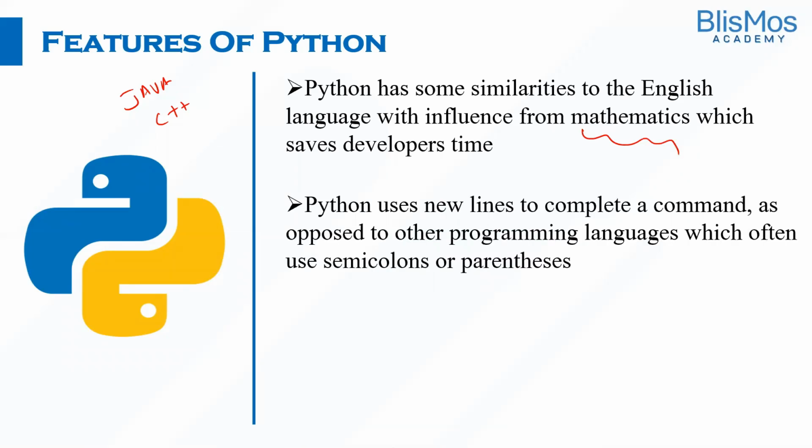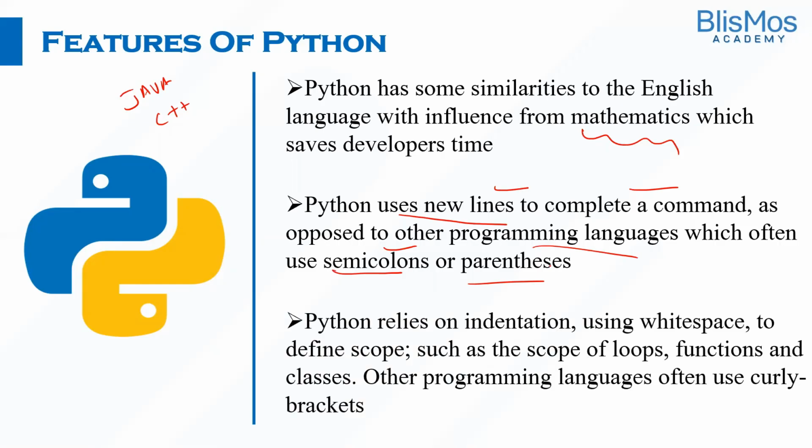As we already indicated, Python uses new lines to complete a command, as compared to other programming languages like C and C++ which use semicolons or parentheses to complete the command. That makes Python more user friendly.